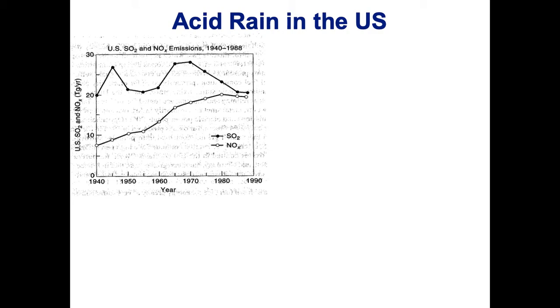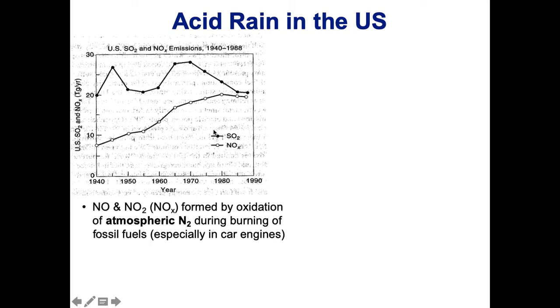So this shows sulfur dioxide emissions between 1940 and 1988. It also shows nitrous oxides changes through that time as well. And we see that nitric oxides are formed by oxidation of atmospheric nitrogen during burning of fossil fuels.